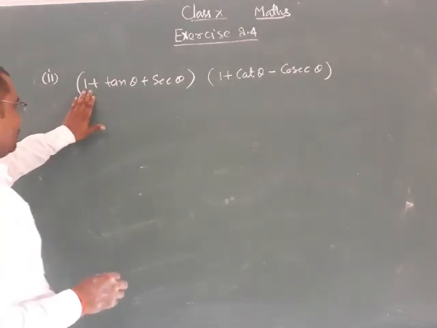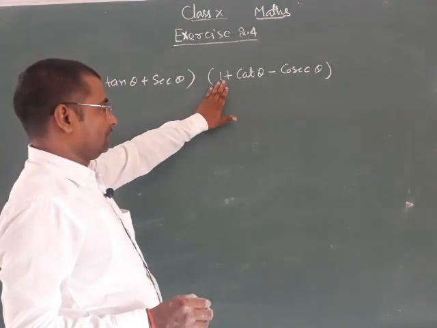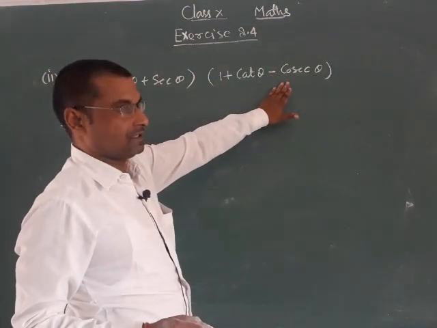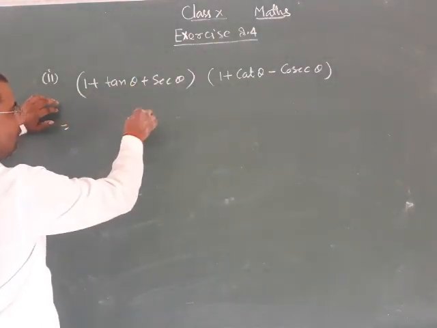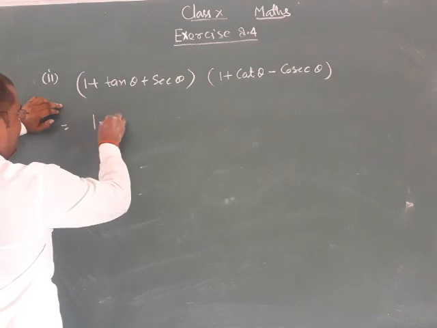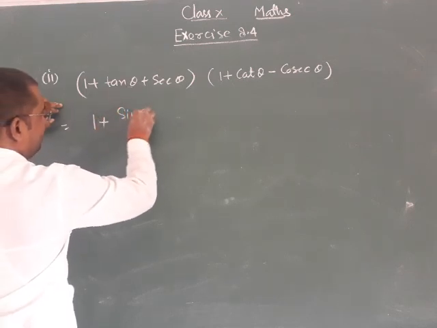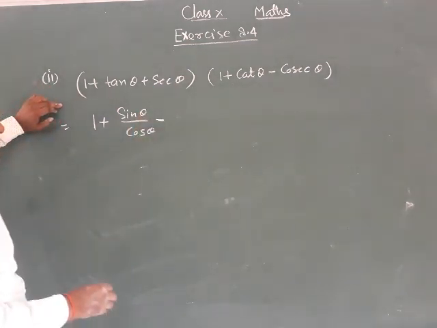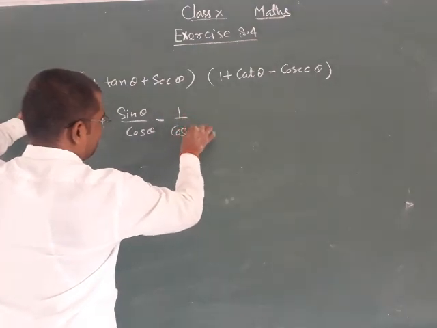Second part: 1 plus tan theta plus sec theta, in another bracket 1 plus cot theta minus cosec theta. Now you can change into sin and cos. So tan theta is equal to sin theta upon cos theta, and sec theta is 1 upon cos theta.